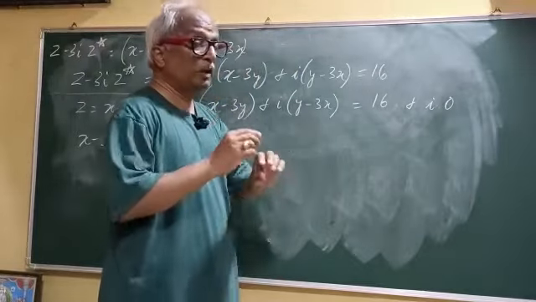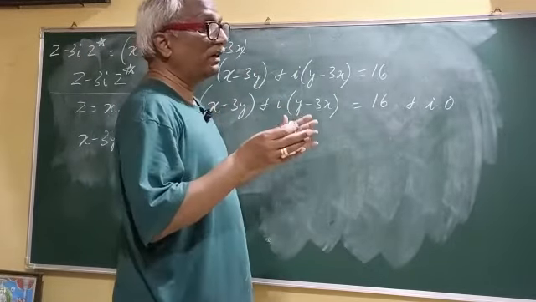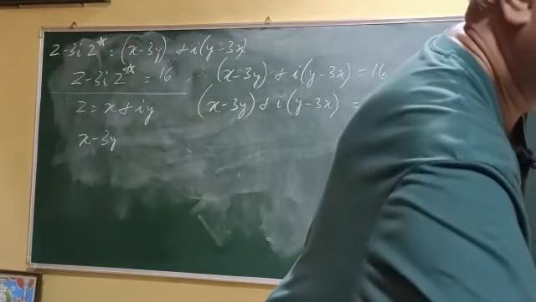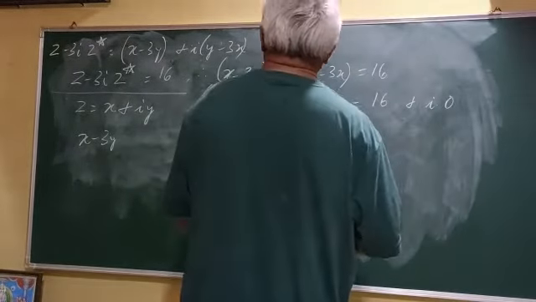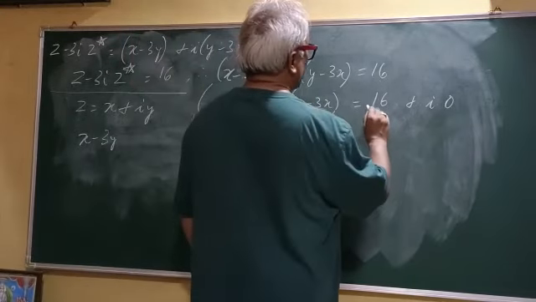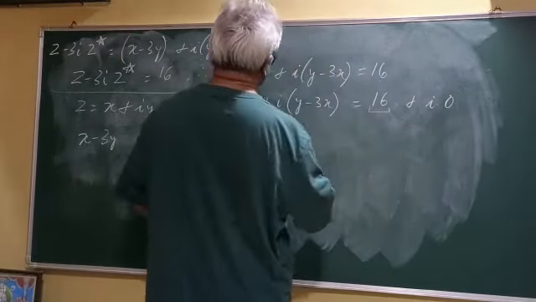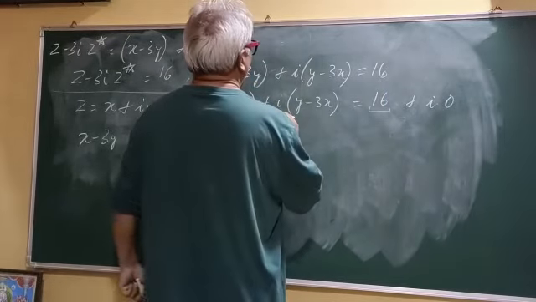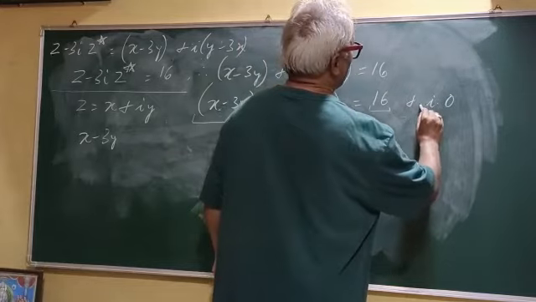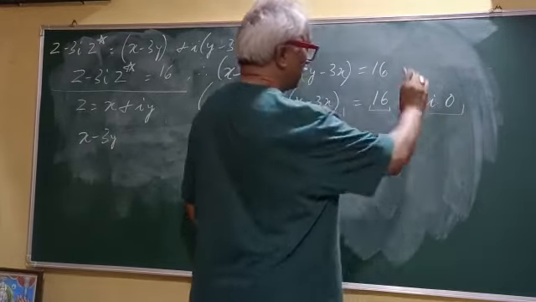Now we will equate the real part and the imaginary part. The real parts have to be equal, so x minus 3y should be equal to 16. And i times (y minus 3x) should be equal to i times 0.